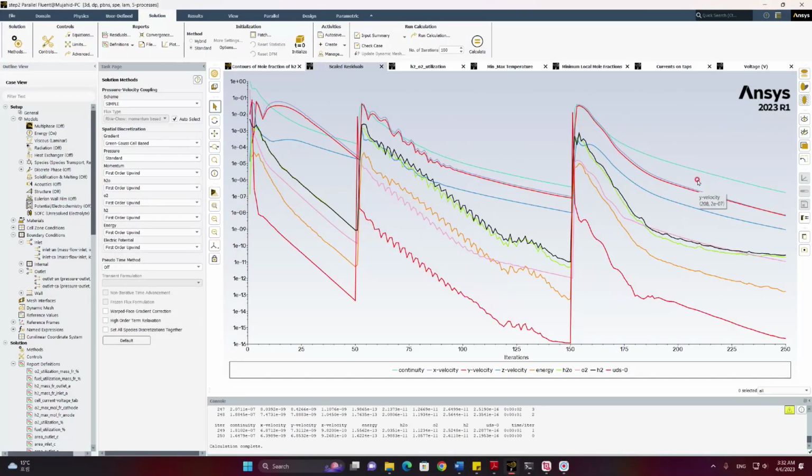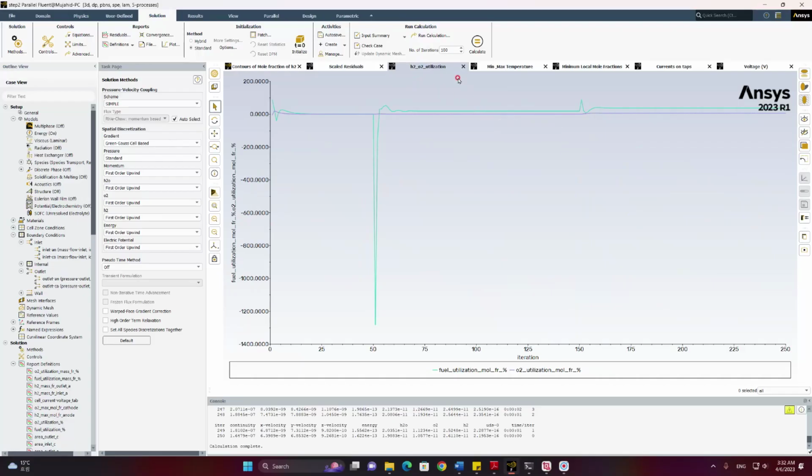This concludes the third step. We have solved the third step, and the convergence is going well, and the hydrogen and oxygen utilization, you can see because of this jump we are not able to monitor, but the fuel utilization is also very good, and it's not going as high as previously.